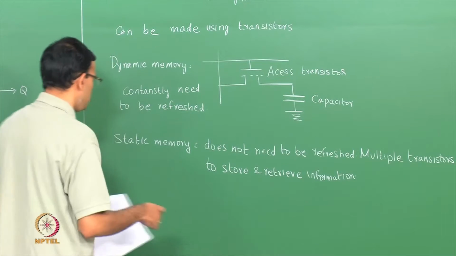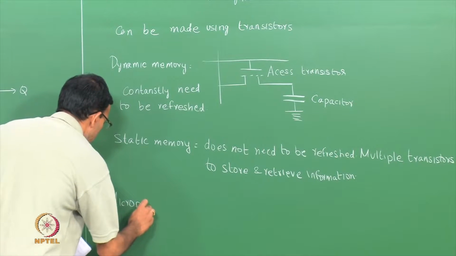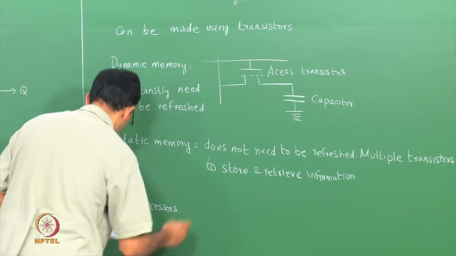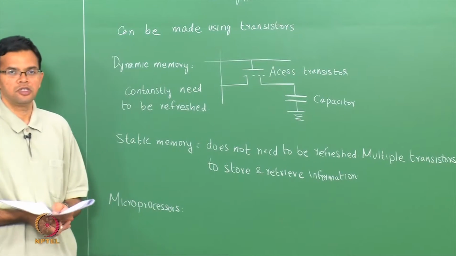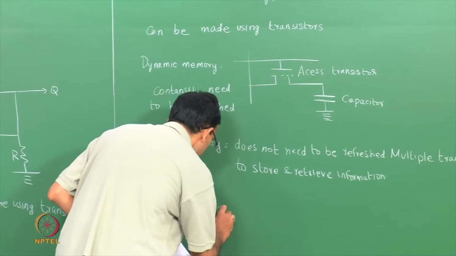So, microprocessors, if you think about it, are circuits that combine both the logical and the memory units.